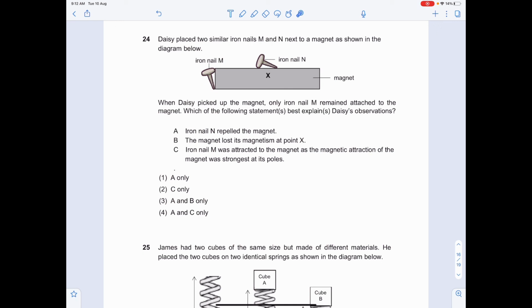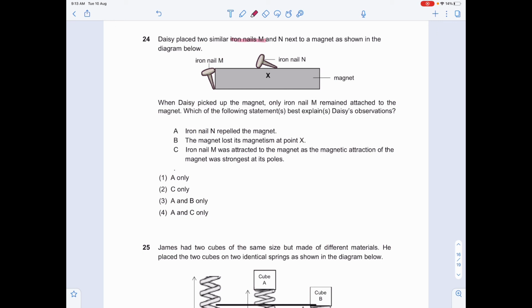First thing we have to decide is what are the magnetic materials? We know that they are both magnetic materials because they are both iron nails. But they tell you that only M remains attached. So we know that these two are not magnets.